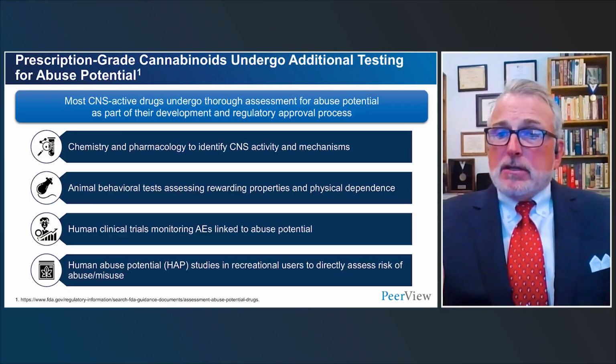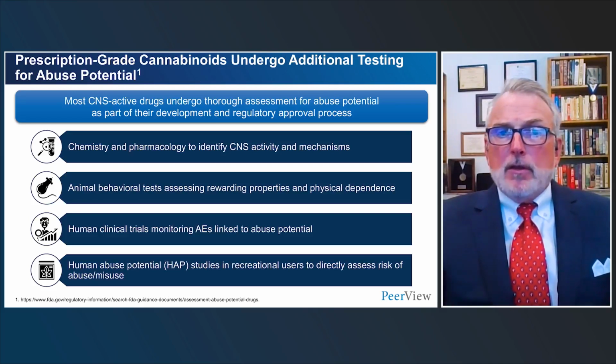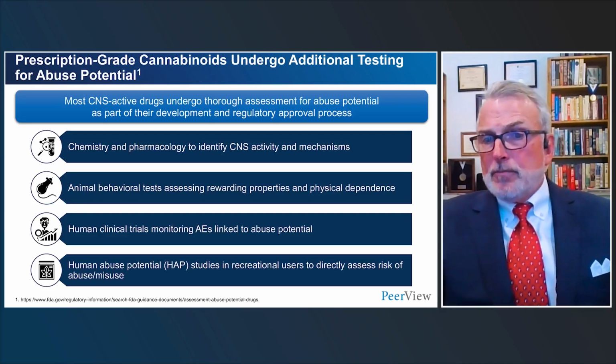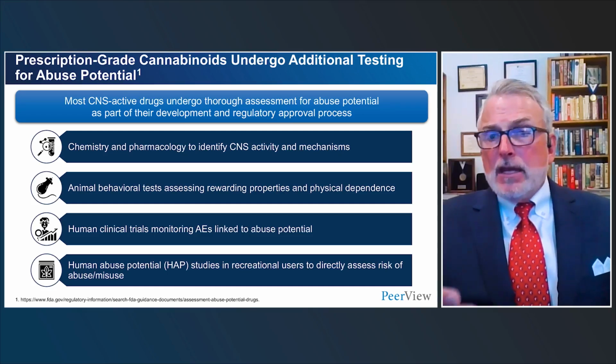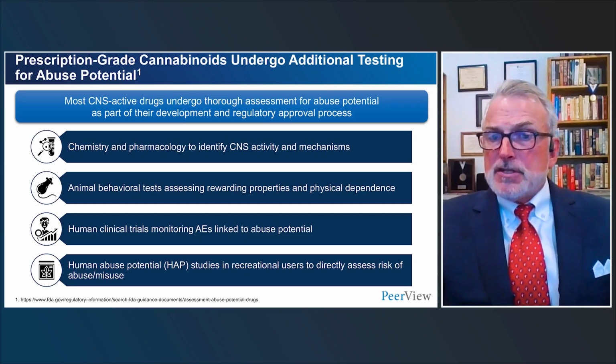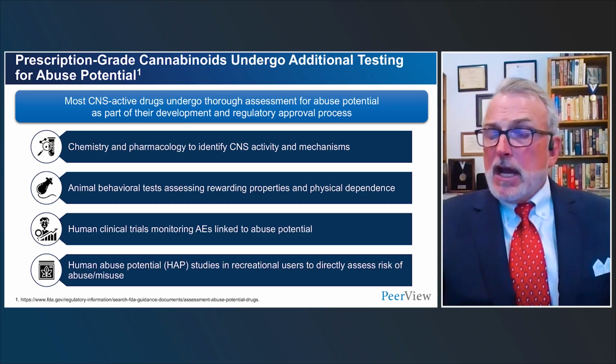So in addition, especially for cannabinoids and THC, they undergo additional testing for abuse potential. Because remember, there is a cannabis use disorder diagnosis in the most recent psychiatry manual, the DSM-5.